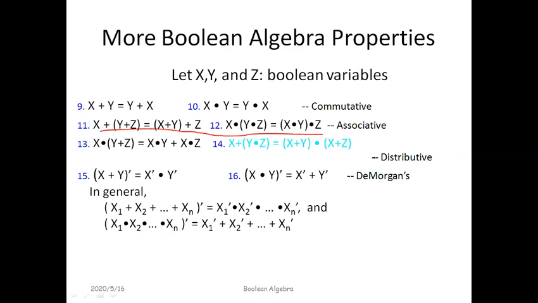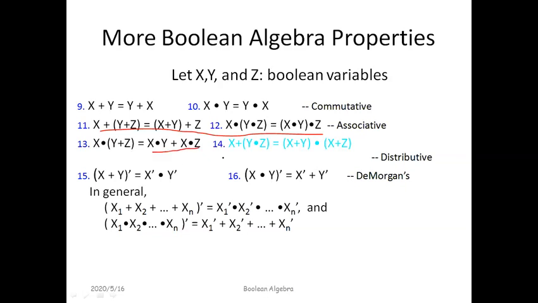Then the distributive law also plays a very important role in Boolean algebra. Like the first one here, you expand out the brackets, x multiplies by y and x multiplies by z. That's how come it's like that.